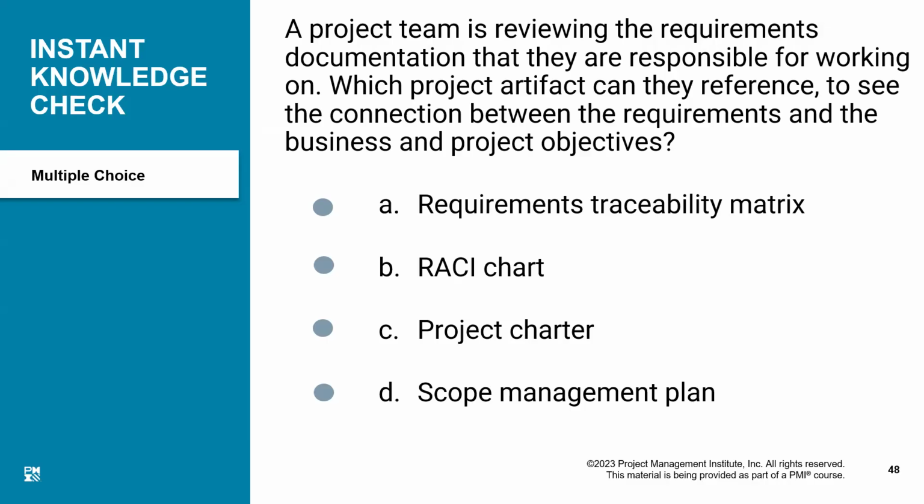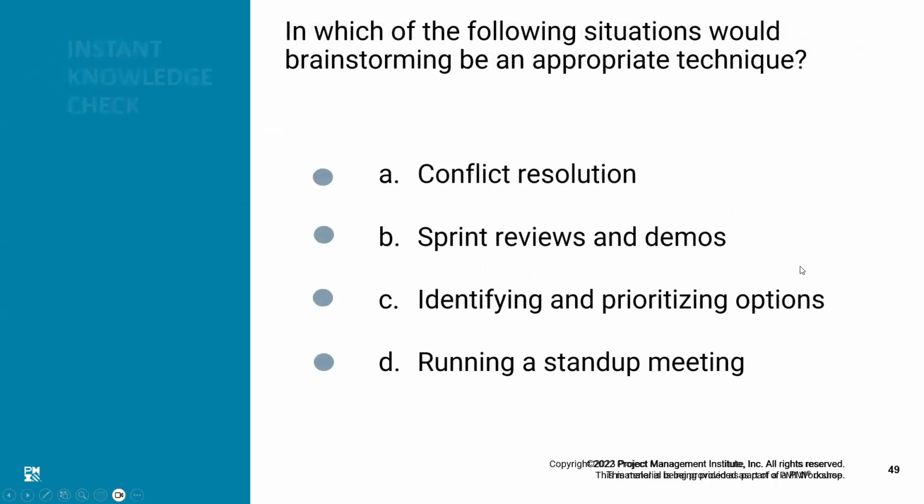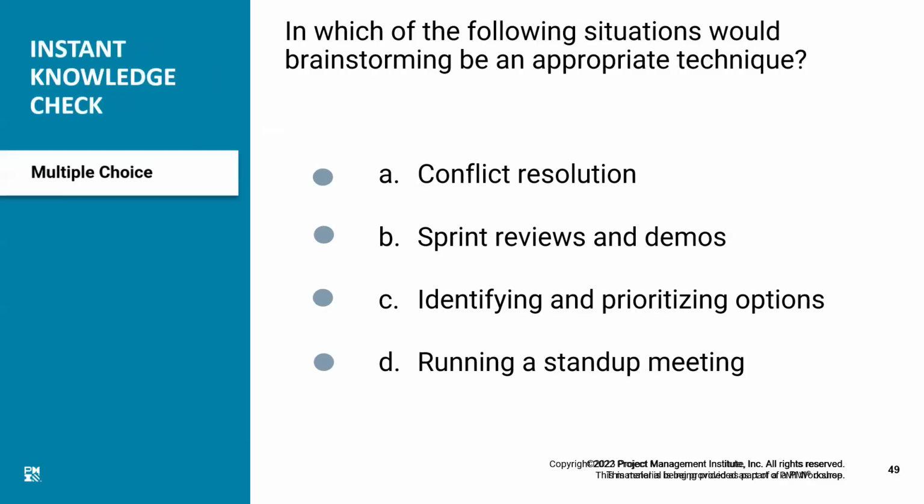The scope management plan is just the rules and principles. So the project charter? The correct answer is the requirements management plan. It is how we trace the requirements. Okay, so the connection between the requirements and the business project objective. Okay, understood.